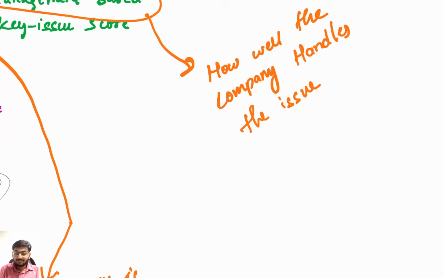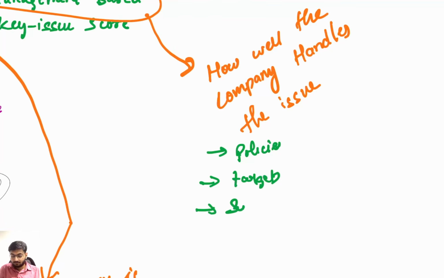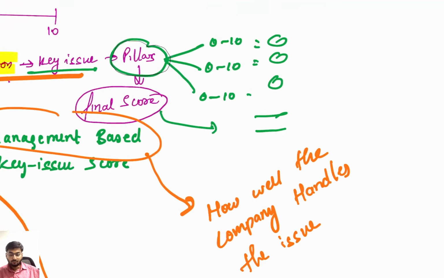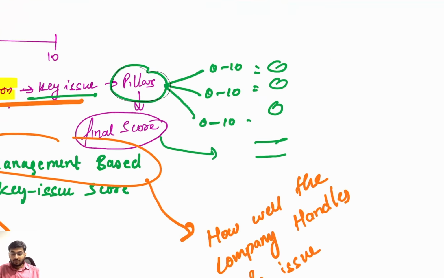Now how will they handle the issues? With the help of their policies, their targets and their systems. Clear? Now you are going to get these numbers from different pillars.